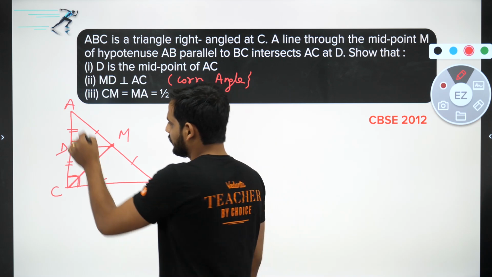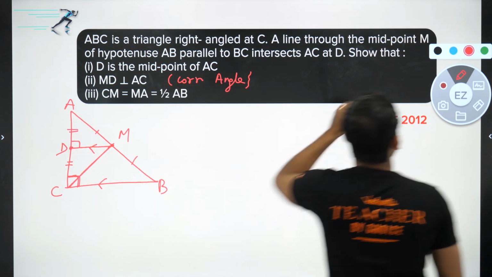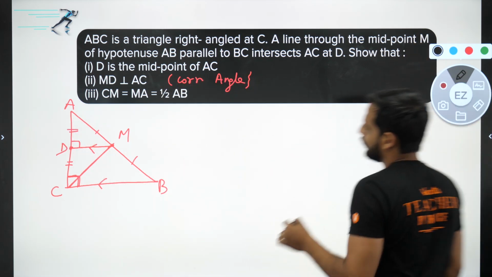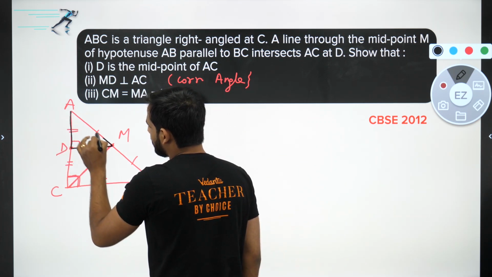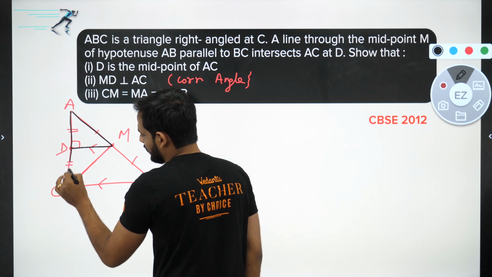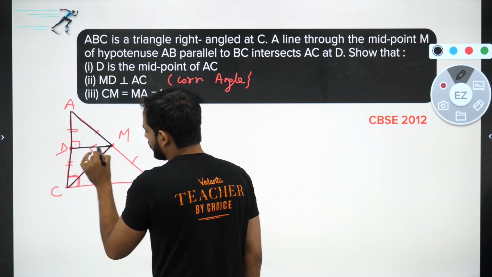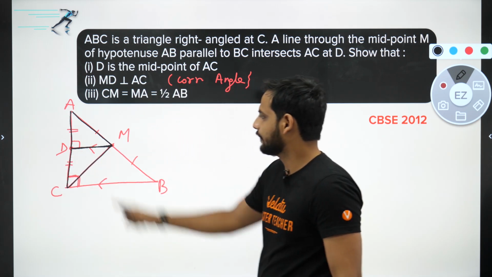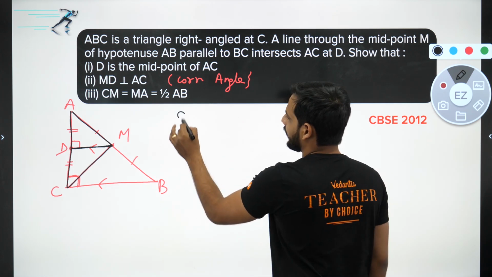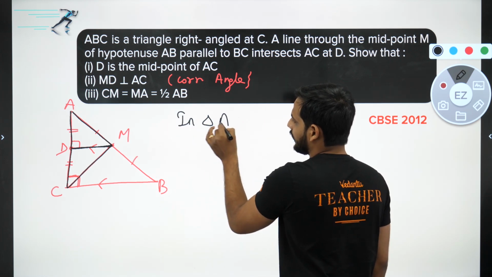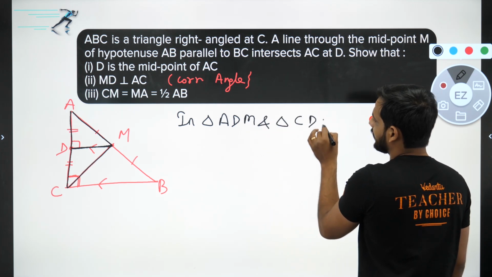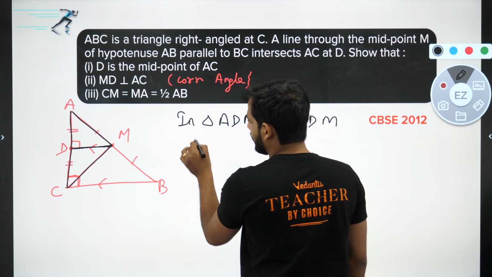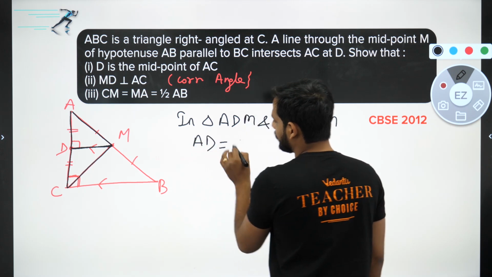Now what you can do, bachon, just focus on this part, these two triangles, triangle ADM and triangle DCM. In triangle ADM and triangle CDM, first, AD is equal to CD. Why?